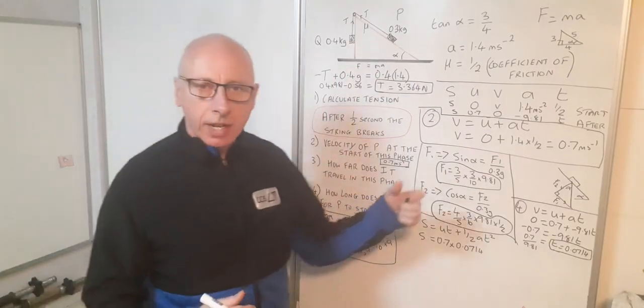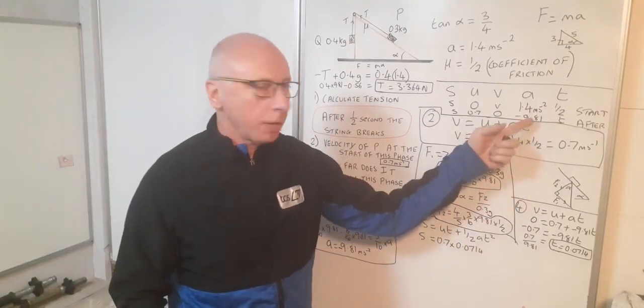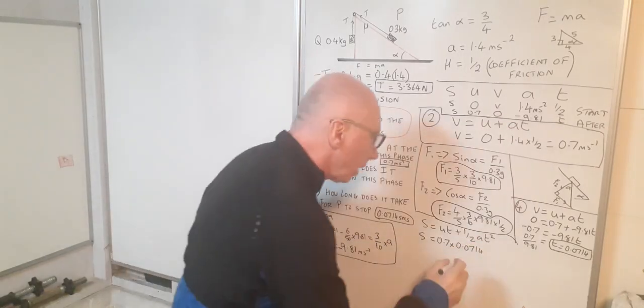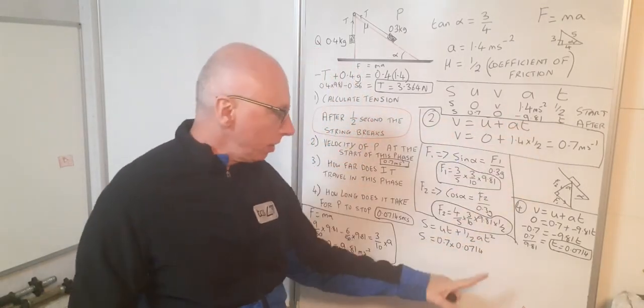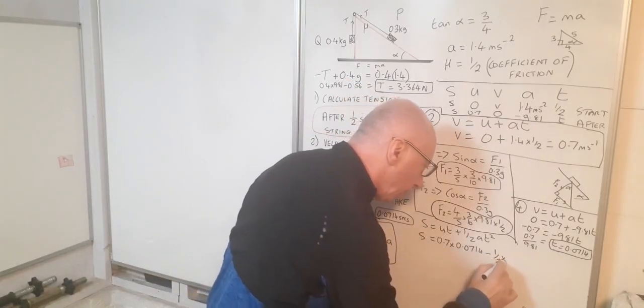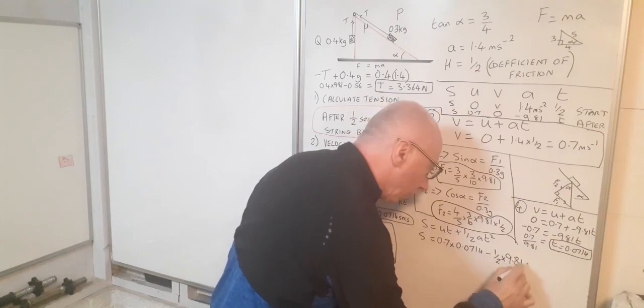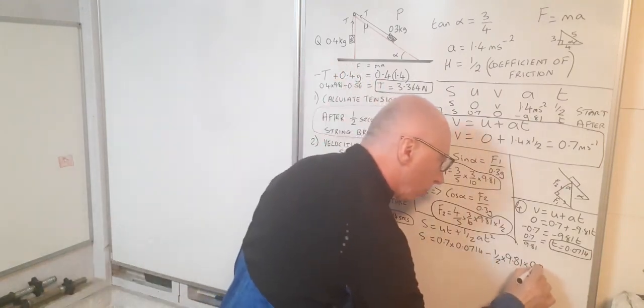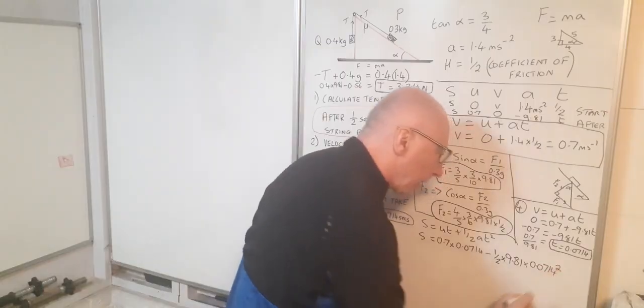Okay, so then subtracting acceleration, so that's minus 9.81 times the time squared and a half. So as acceleration is minus, I'm going to change this plus to a minus. So I've got minus 1/2 times 9.81 times the time squared, which is 0.0714 squared.